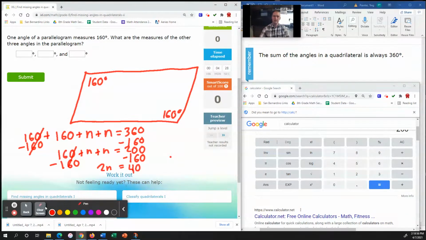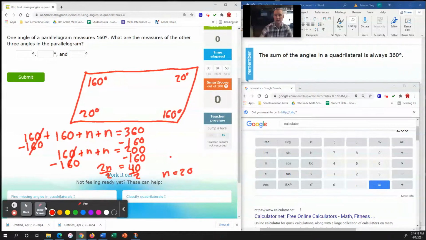Now you're left with a one-step equation. Well, 2 times something must give you 40, so if you divide out your last 2, you get n equals 20. That helps us out. So our last two angles are 20 and 20.